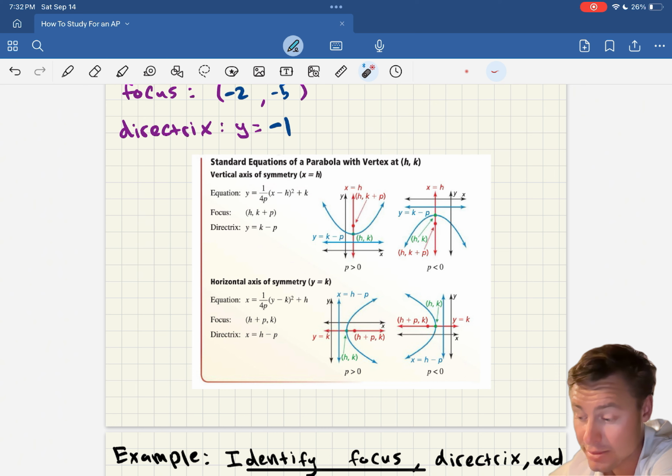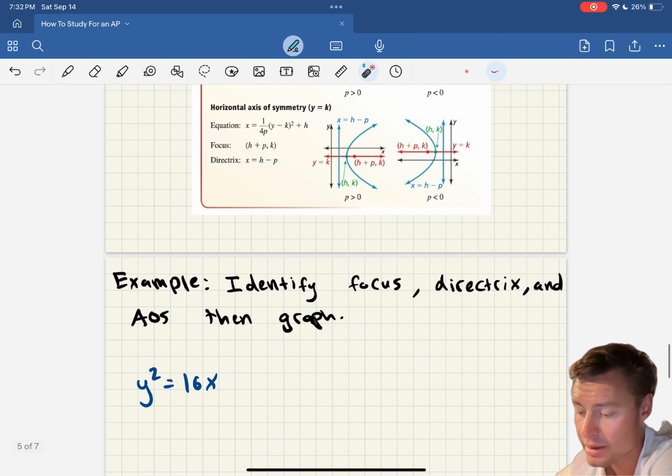We have h inside the parentheses, k outside. With this one, when it's facing left or right, we have k inside and h outside. How are you going to remember that? Well, we know that y is associated with k, and so when it's left or right, those two things are together inside the parentheses. All right.